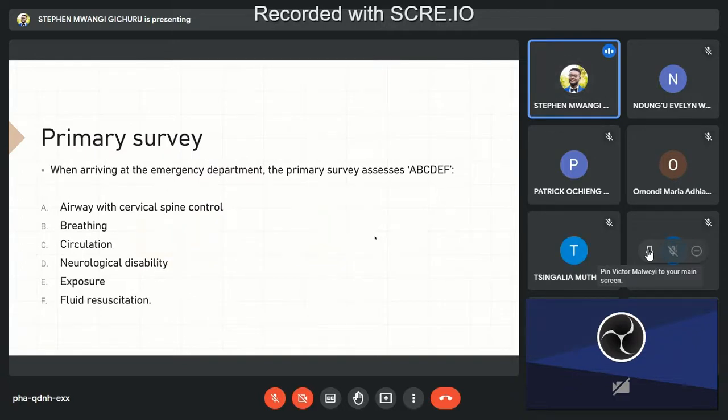So the primary survey involves A, B, C, D, and E. So you have airway, you have to check your airway, put a cervical collar, breathing, make sure the patient has oxygen, circulation. We talk about fluids. Check whether this patient has some neurological disability, especially if it's electrical burns, exposure. This is mostly for chemical burns where you might have to remove all those things, and then fluid resuscitation.